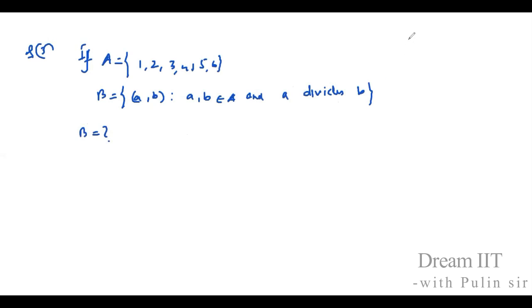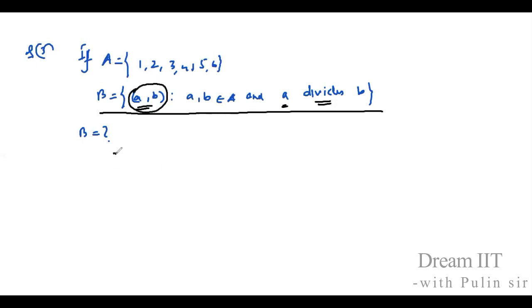This time we are not directly giving the ordered pairs, we are giving you conditions. These two will be written as an ordered pair if a divides b. I'm just initiating you, right? So you can see here a divides b, and remember these elements should be taken both from A only.